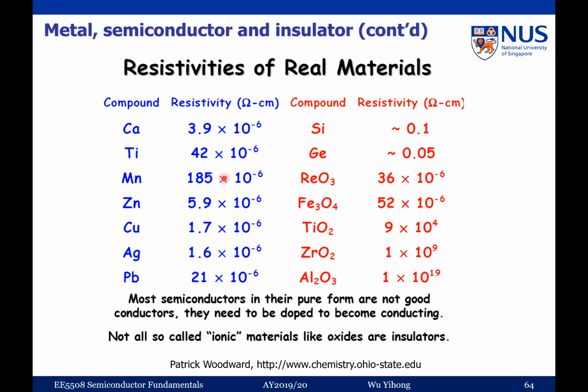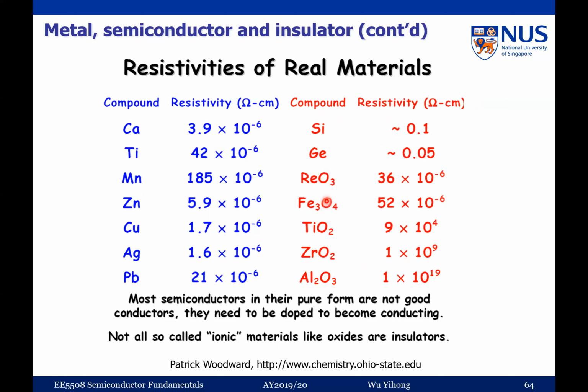For example, manganese is a metal, but compared to copper you can see the resistivity is much higher, right? And the calcium, right? All this is basically determined by the electronic band structure of these materials. And silicon, germanium, these are semiconductors, so resistivity can be changed. This we'll learn in the next few lectures, right?